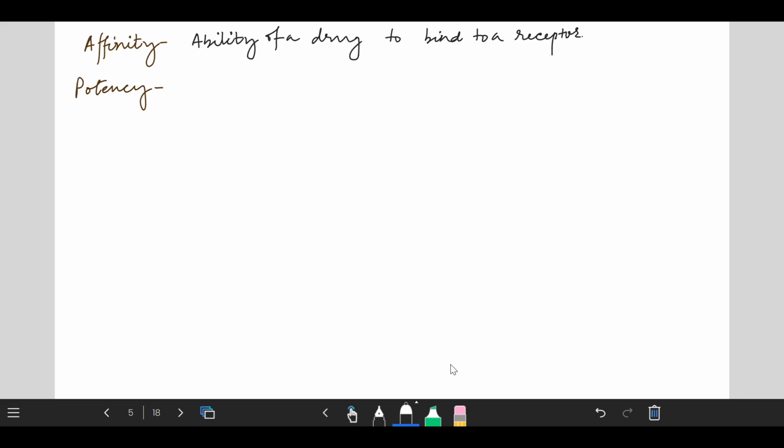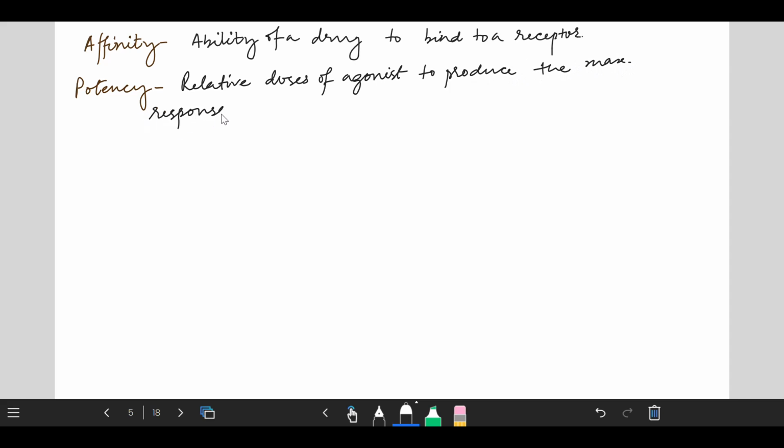Okay, so we can say it is the relative doses of an agonist to produce the maximum response. Okay, it is the dose.